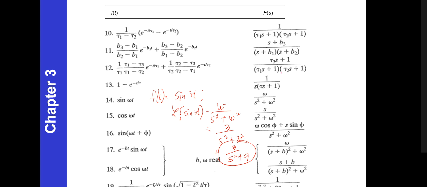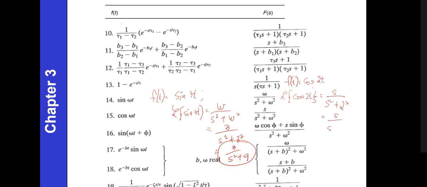So if it is cosine, for example, f(t) is equal to cosine of 2t, then if we get the Laplace of cosine 2t, that would become s over s squared plus omega squared, where omega is 2, so 2 squared.